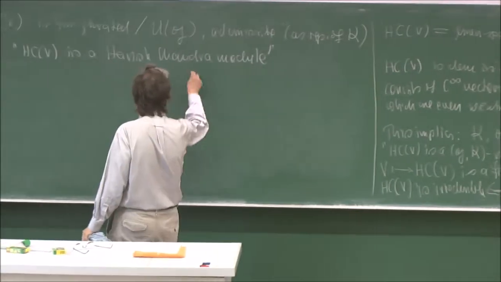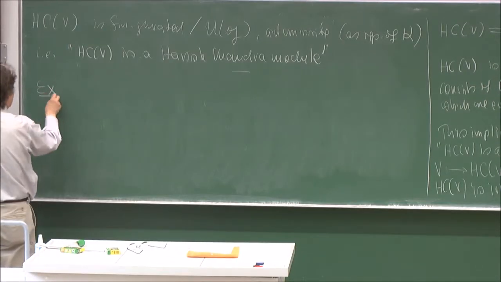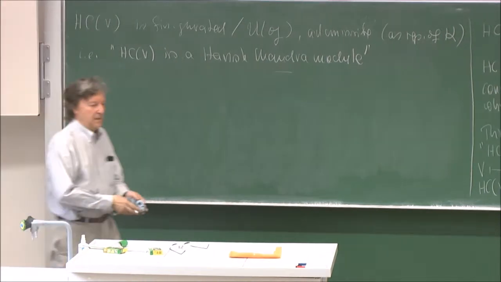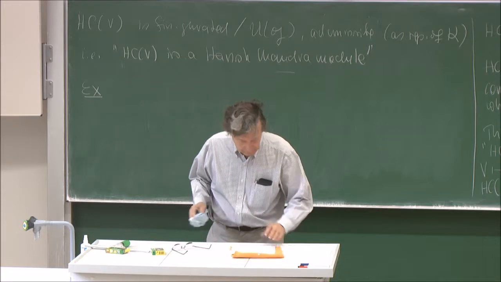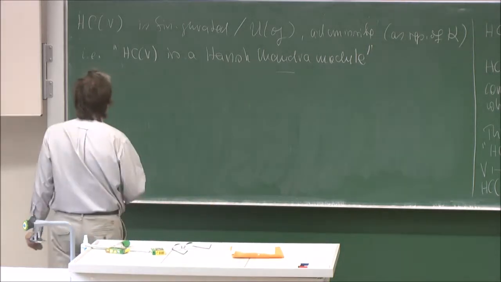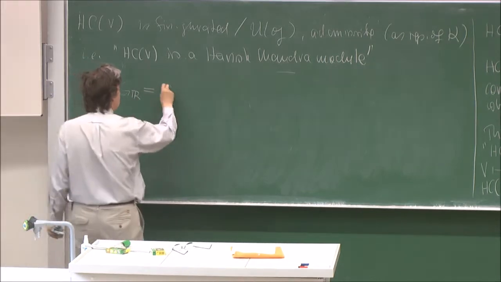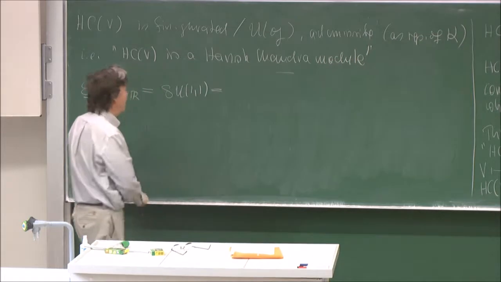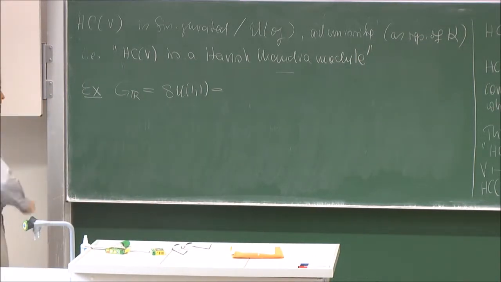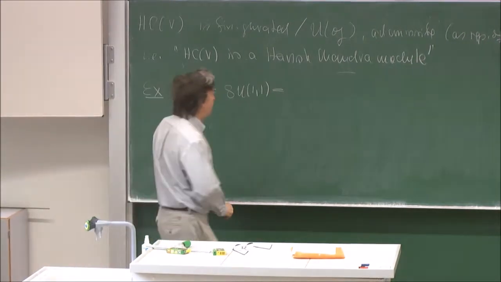Now, it may be helpful to look at an example, and this will be a recurring example. I will look at G_R, which will be SU(1,1). So this is the group of matrices of determinant 1, preserving the invariant Hermitian form of signature (1,1).